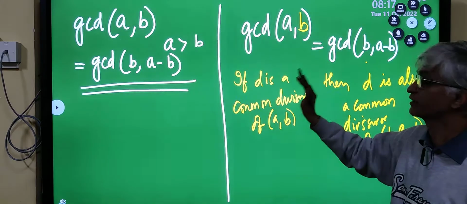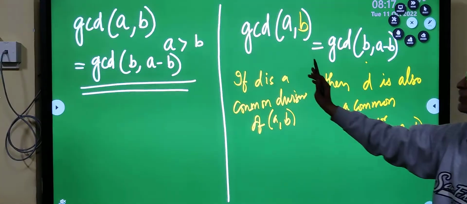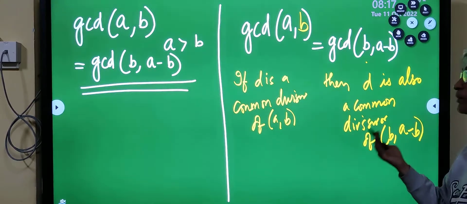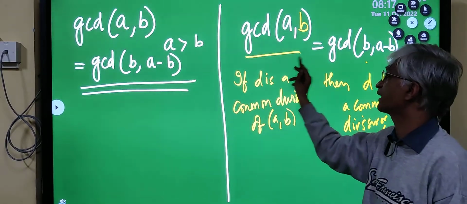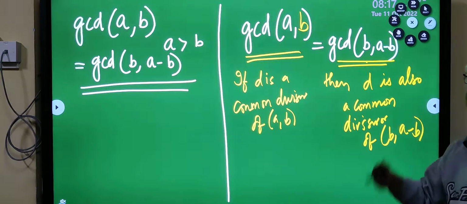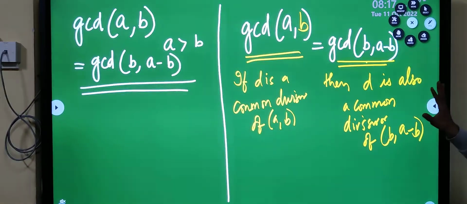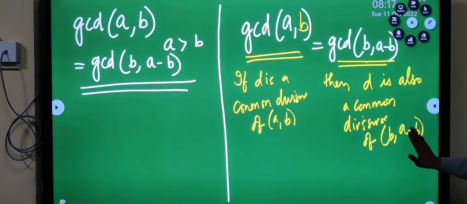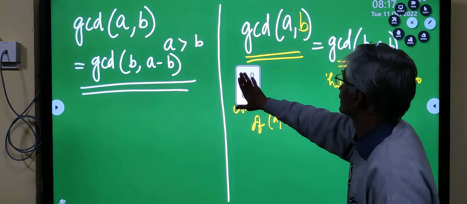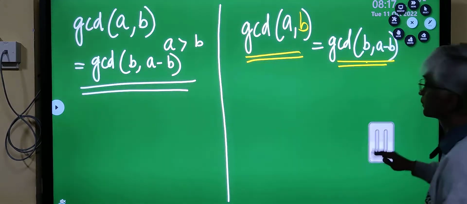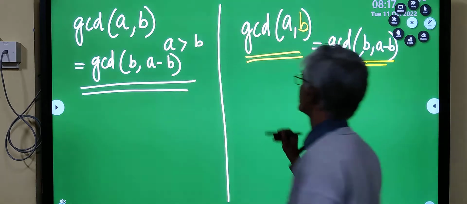In other words, the bag of common divisors on the left hand side and the right hand side is the same, and that would automatically mean that the greatest in the bag on the left hand side is also equal to the greatest in the bag on the right hand side. So let me prove this one statement, and then we shall not necessarily prove the second statement because it's very similar.